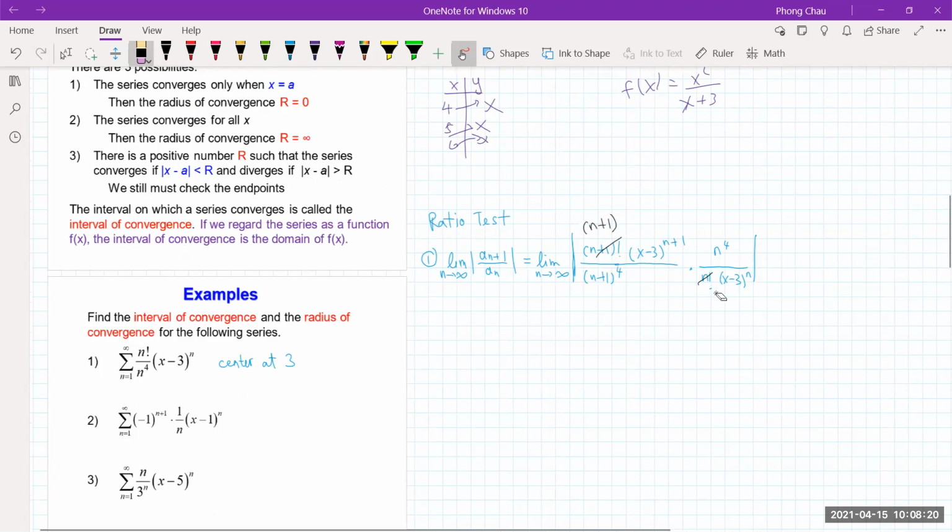And then what else can I do? You see the power, that's to the n plus 1, that's to the n. So these two could cancel, and what's left is an x minus 3 factor there, right? The n to the 4th and n plus 1 to the 4th I cannot cancel. And if you wish, you can cancel further, but anyway, I'll just leave it there.